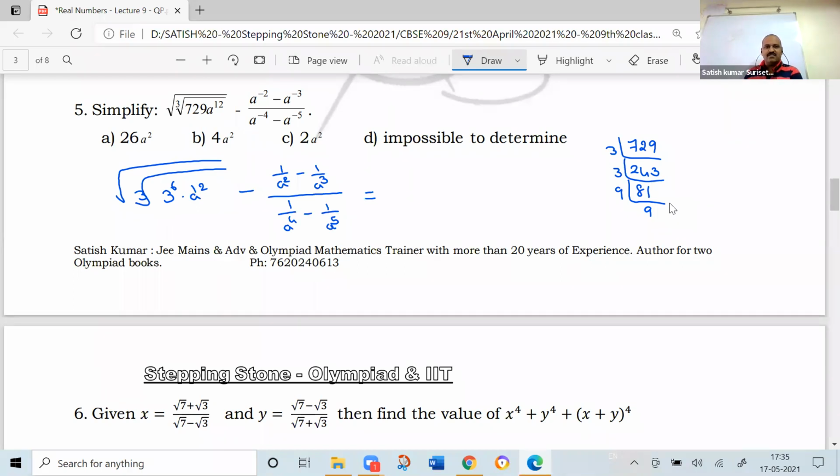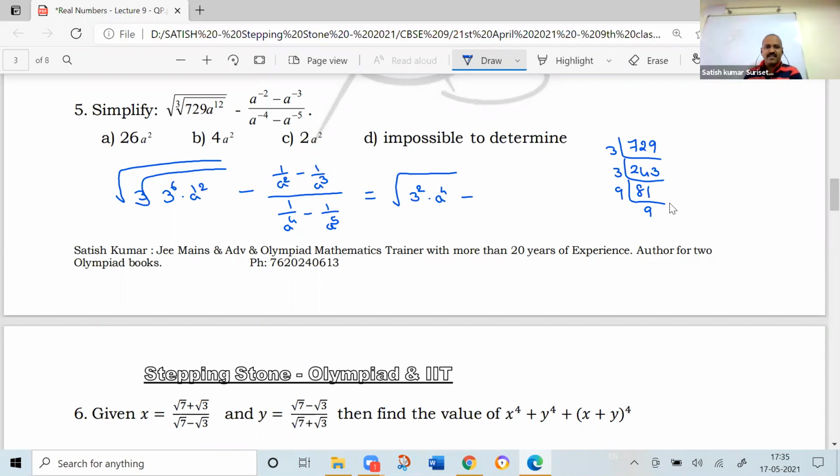Now, square root of cube root of 3 power 6 means 3 power 6 whole power 1 by 3, means 3 square, into a to the power of 12 whole power 1 by 3, means a to the power of 4.